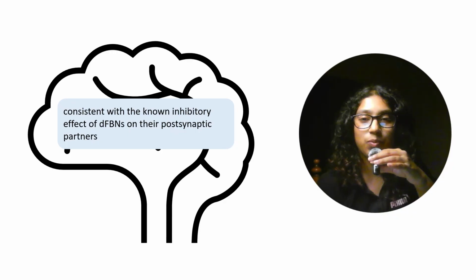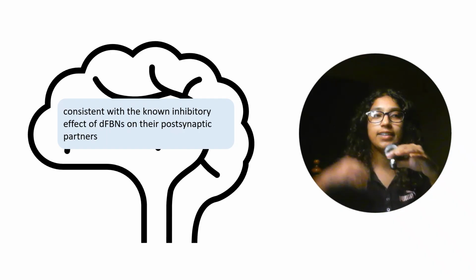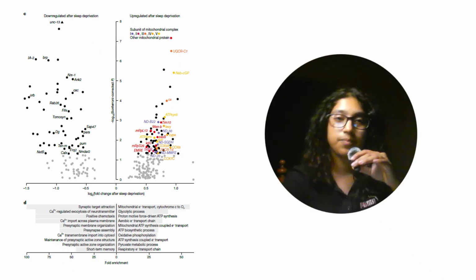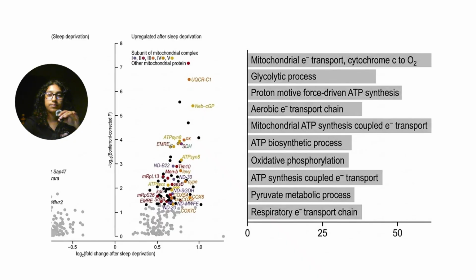And this only happens when the flies are in a more awake state, where it needs to inhibit the DFNBs. Okay, so this is the first study where they saw the upregulation and the downregulation of different proteins during the sleep deprivation phase.